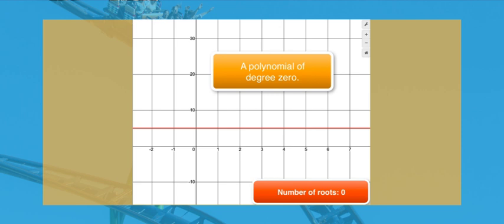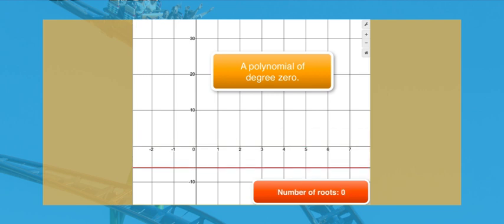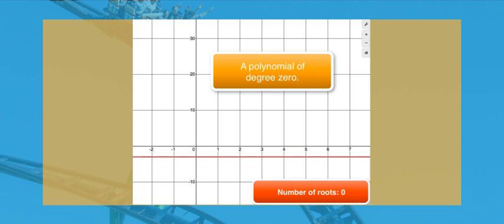The result is a horizontal line parallel to the x-axis, which will never intersect the x-axis. So the number of times a polynomial of degree 0 intersects the x-axis is 0. The only exception is the graph of y equals 0. This function completely overlaps the x-axis, which means that it intersects the x-axis an infinite number of times.